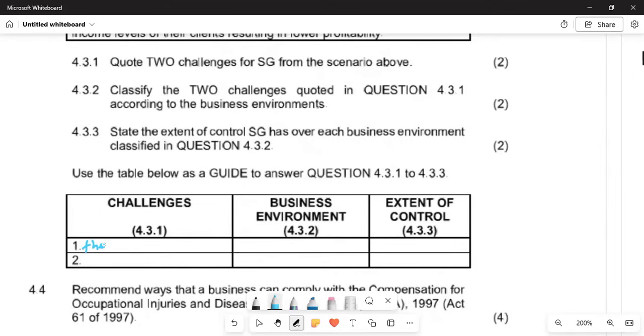So the challenge that we can see is that they struggle to find a reliable provider. So we want to know which business environment it falls under.